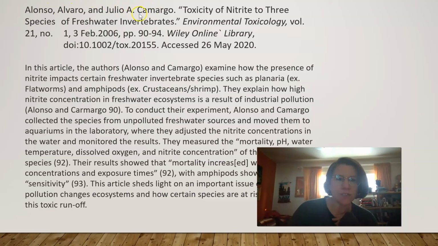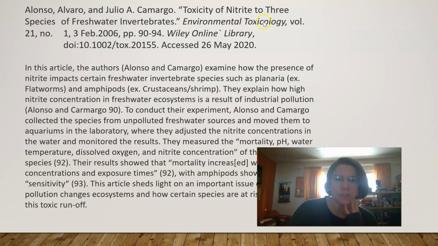There are 2 authors here. The first name is inverted, so you list last name, comma, first name, and then the second author, in this case, their first name, middle initial, and last name. You include the title of the article.